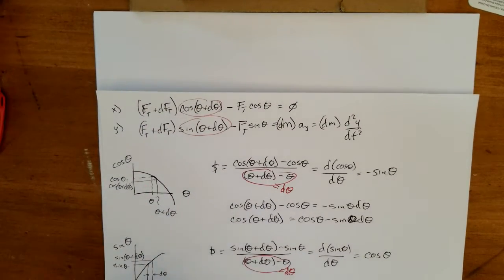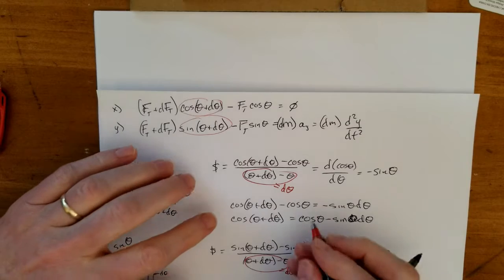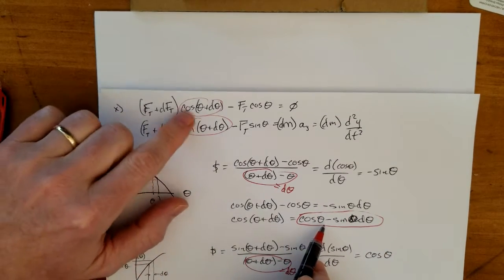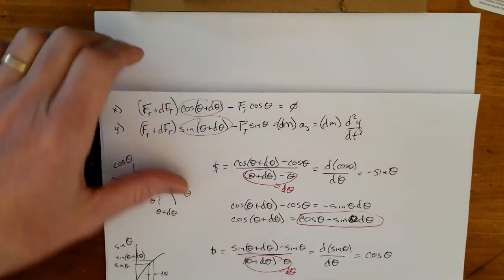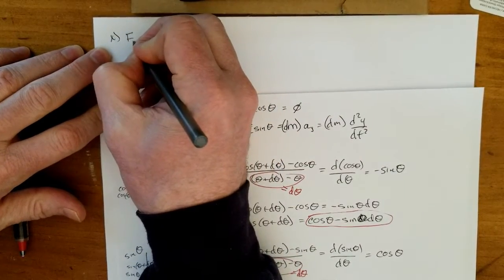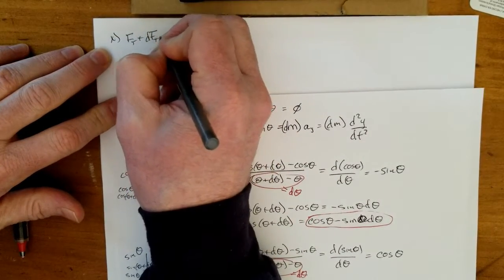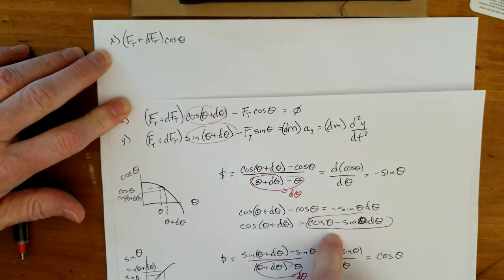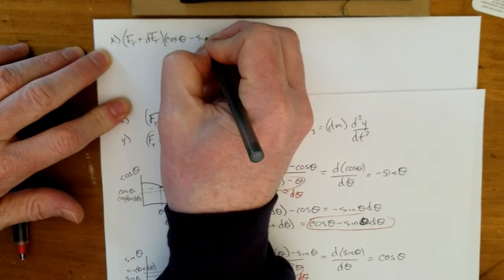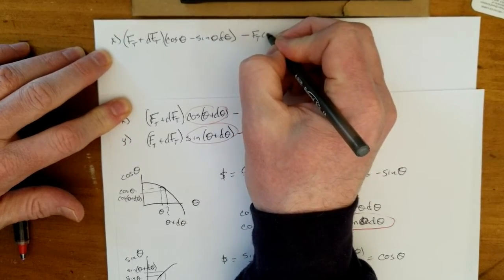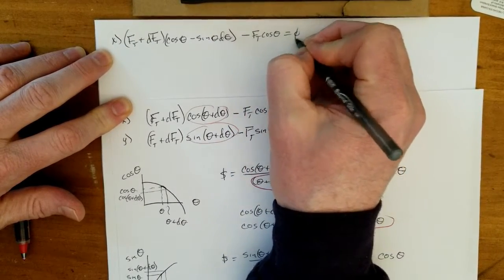So let's do it. I'm going to take my formula here for cosine of theta plus d theta, and then I'll take my formula for sine of theta plus d theta, and plug it into that. So my x equation becomes my tension plus my differential of my tension times cosine of theta minus sine theta d theta, minus tension cosine theta is equal to 0.